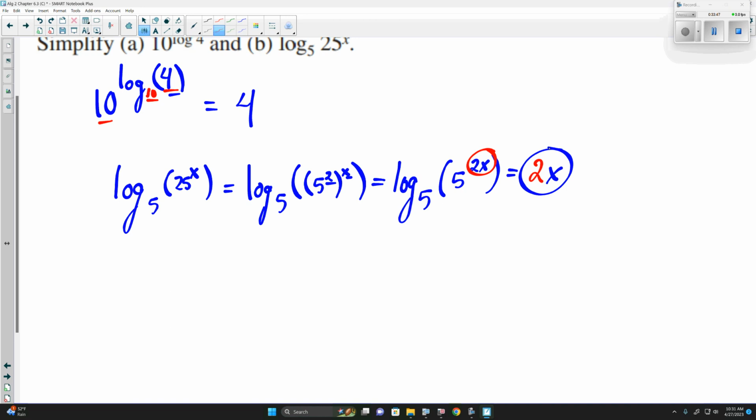So log base 5 of 25 to the x is actually just 2x. Because log base 5 of 5 is 1. Now we will get into our power property, which states any exponent inside the log can actually be moved to the front, and then we're multiplying by it. But any questions on this here? We good with this here?